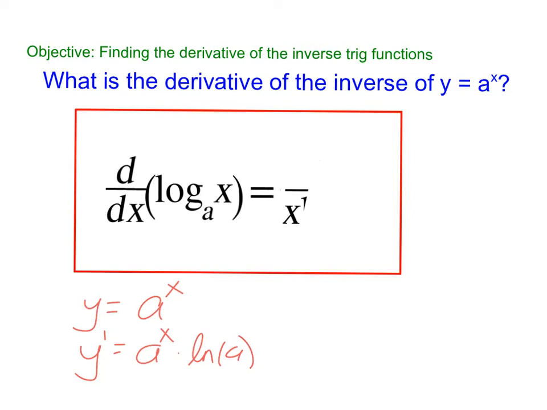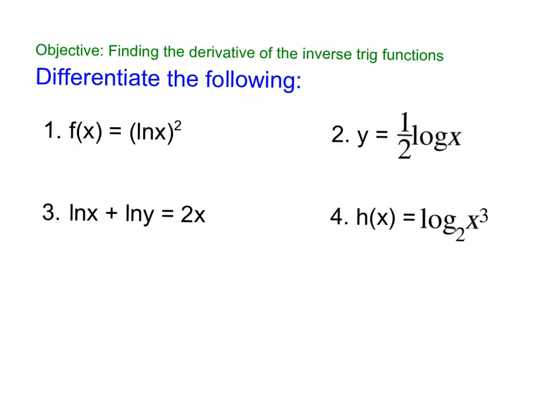So it's 1 over x times 1 over ln of a, basically, but we put it in one big fraction. If you want the proof of it, you can look it up. It's in the book. All right, so practice these.